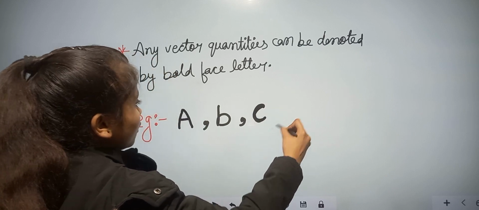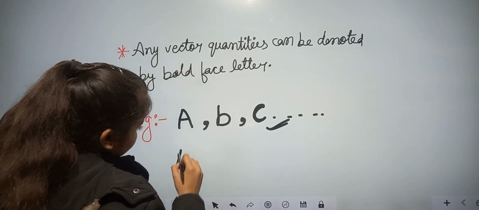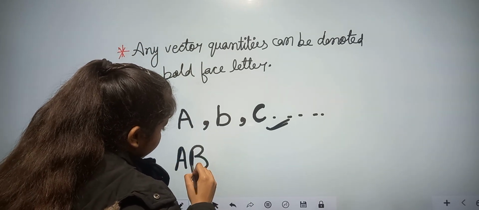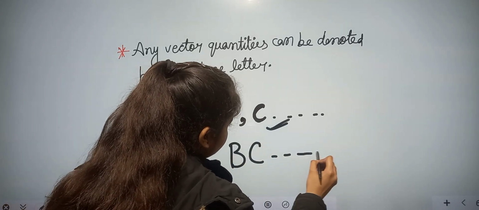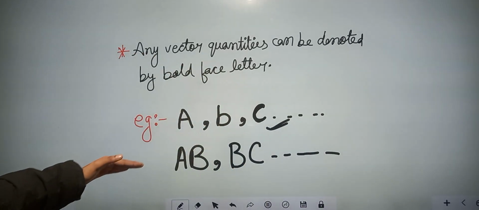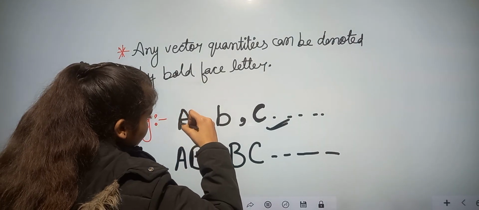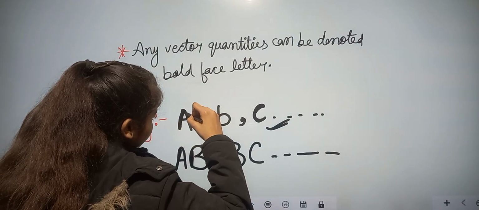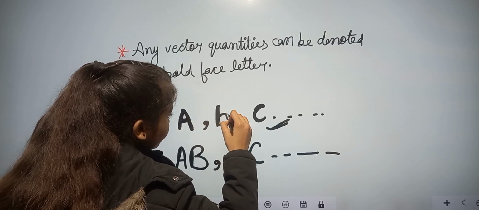It shows a vector, okay? And also like this, and so on, okay? This is called a bold-faced letter, okay?